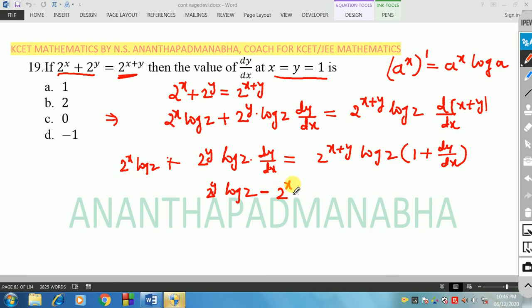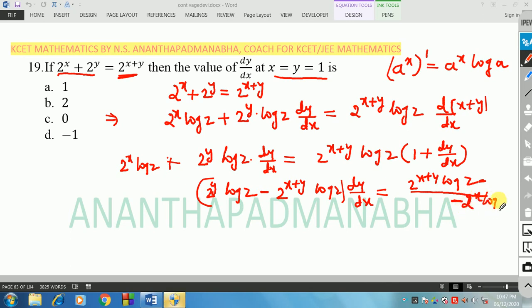We get 2 to the power of x plus y log 2 into dy by dx is equal to 2 to the power of x plus y into log 2 whole divided by 2 to the power of x plus y log 2 minus, we'll get minus here 2 to the power of x log 2.